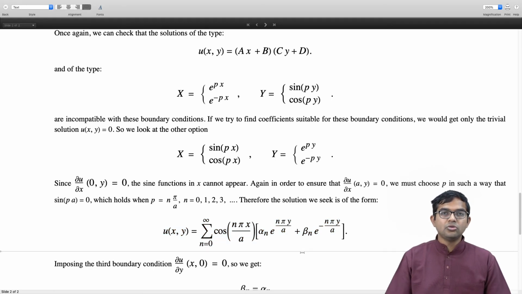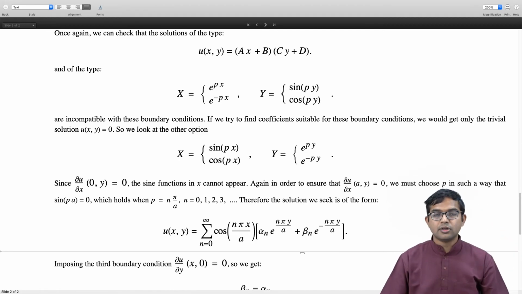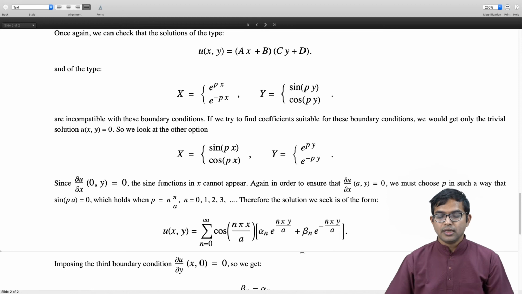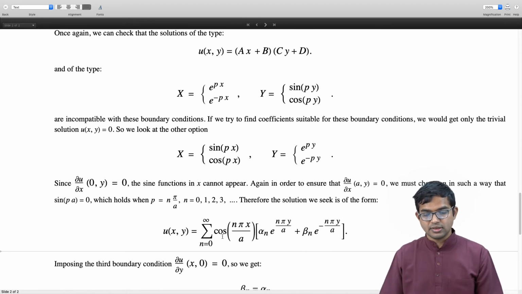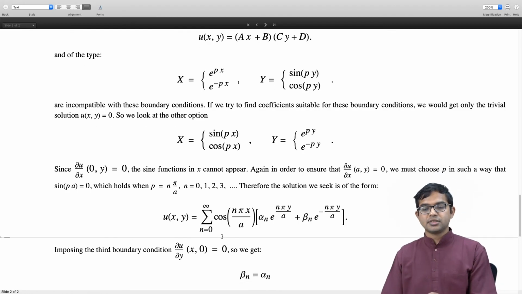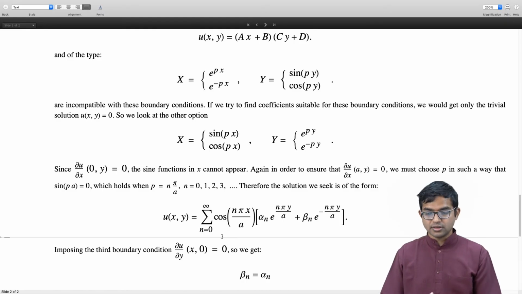In order to do the other two conditions, there is one condition which is quite straightforward, right? So we have chosen the other end here to go to 0. So it's actually an easier problem than the previous one, in the sense that the relationship between alpha n and beta n turns out to be simpler here.